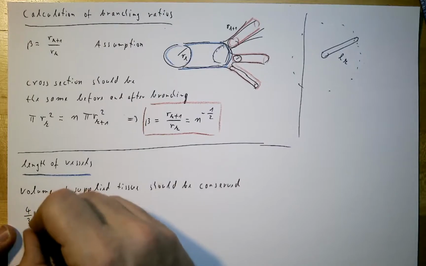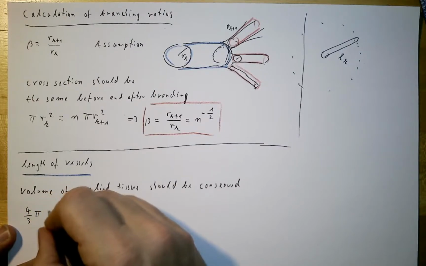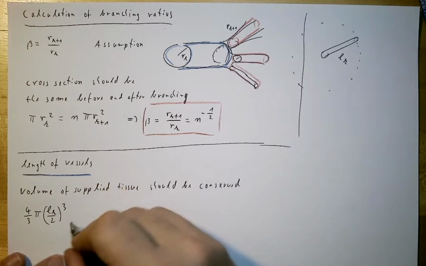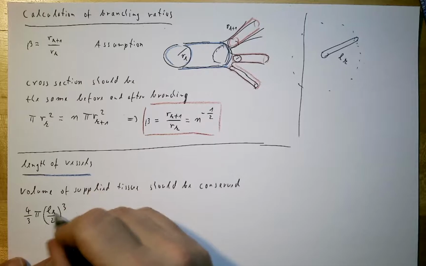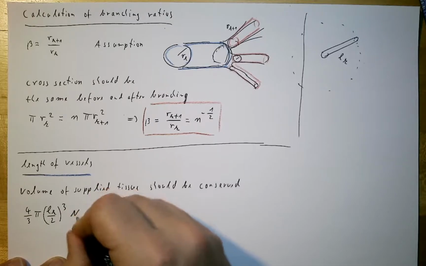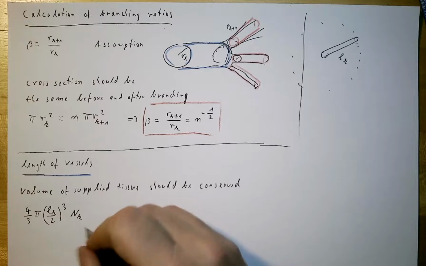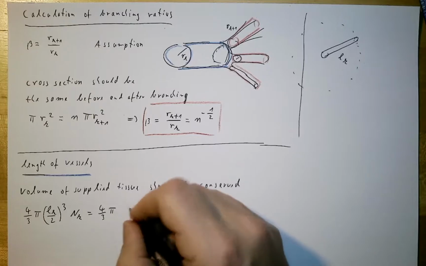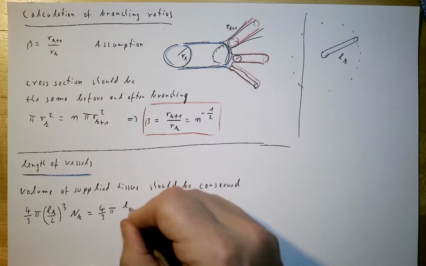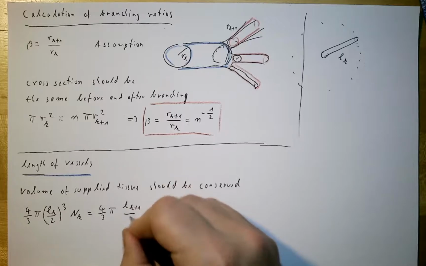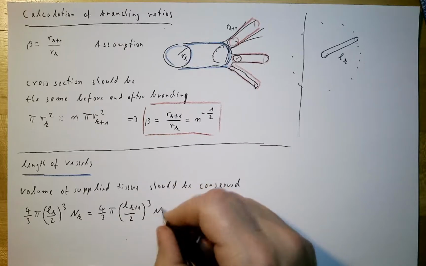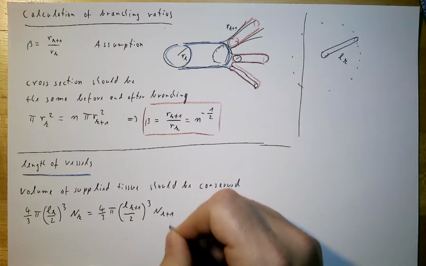We have 4/3 pi, and then we have this length half to the power 3, and that would be the volume of a single vessel, and then we have to multiply it with the number of all vessels at this level, and this should be the same as the volume at the next level, L_{k+1} over 2 to the power 3 times the number of vessels at the next higher level.